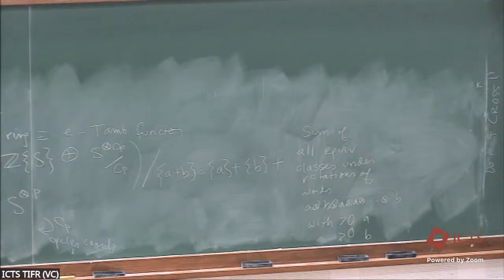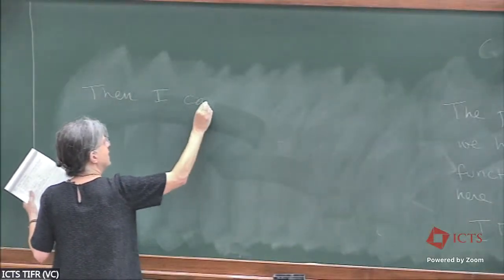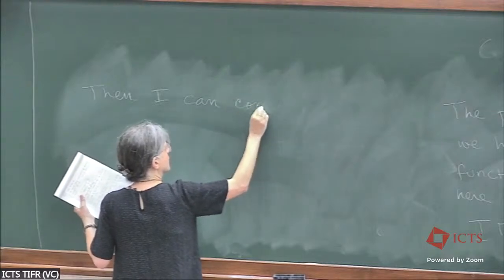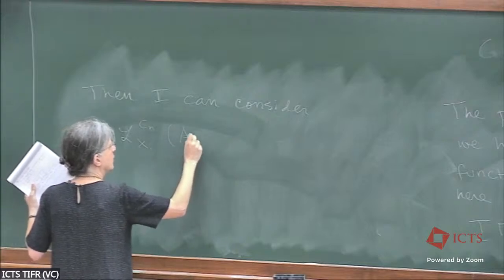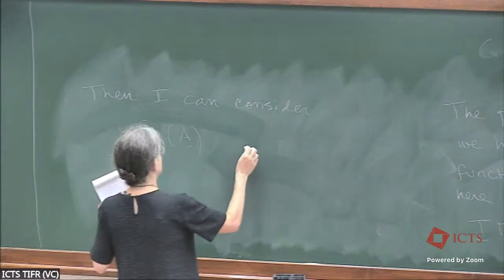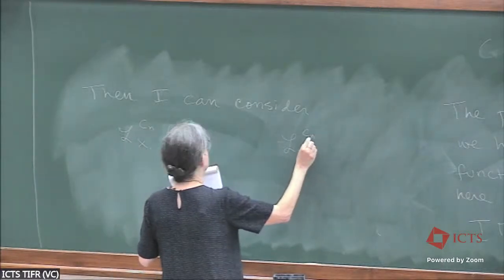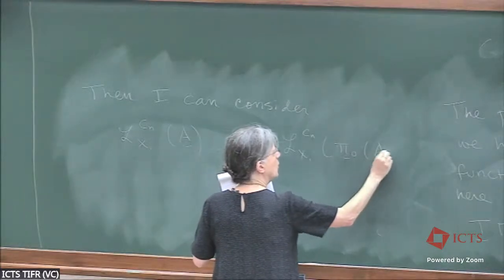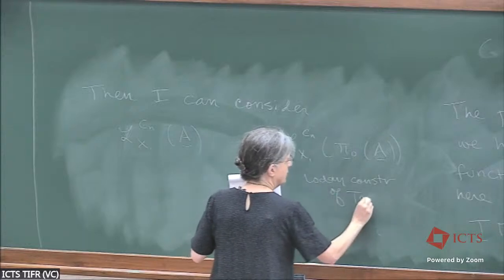And then the point of all this, okay, then I can consider L_X^{C_N} of A, and this is a Loday construction of equivariant spectra, and I could look at L_X^{C_N} of pi 0 A. So this is a Loday construction of Tambara functors.